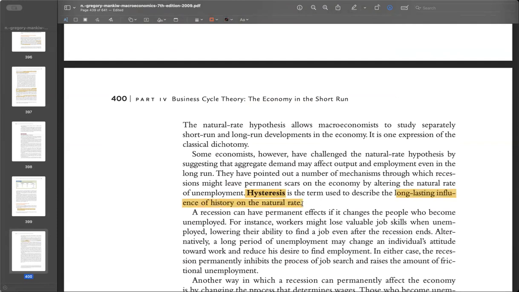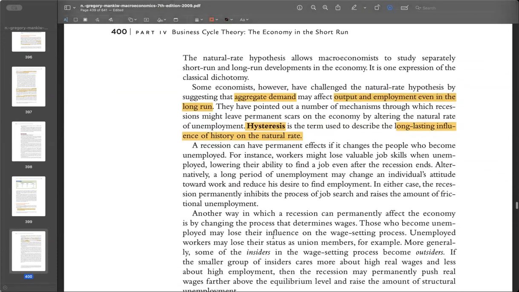So the natural rate is not just determined by these fundamental factors, but also by history and how aggregate demand has been working on the economy. Changes in output and employment through aggregate demand can change even the long-run level of output and the long-run level of unemployment. So a recession can have permanent effects, or change the natural level of output and natural level of unemployment.